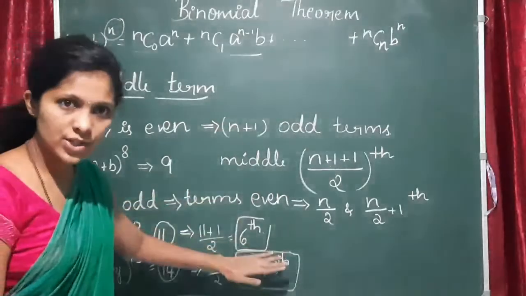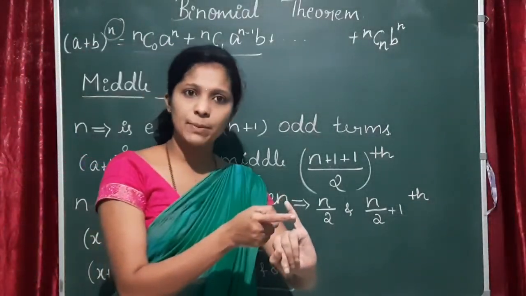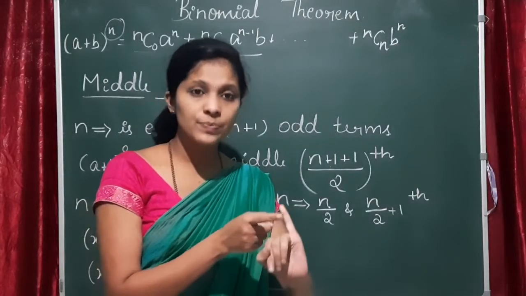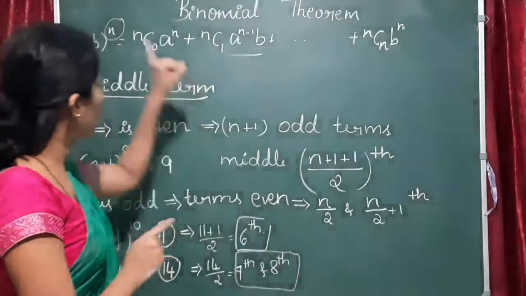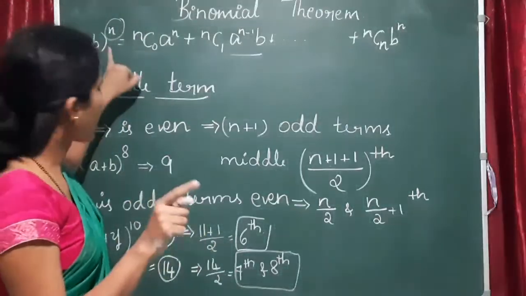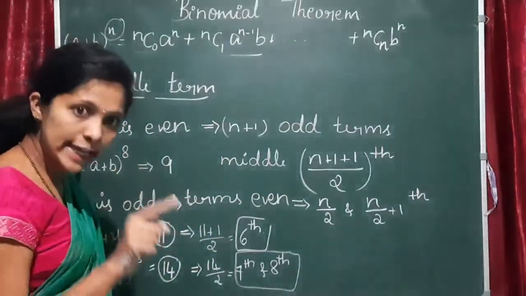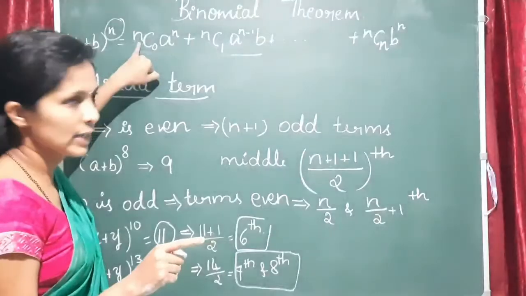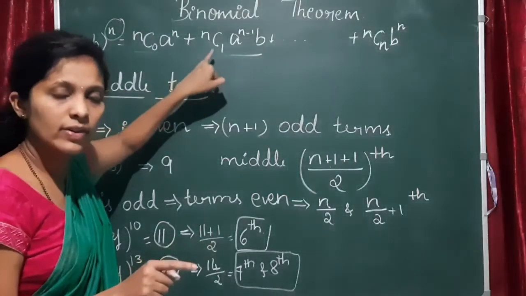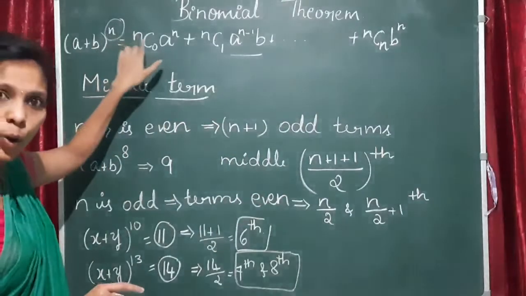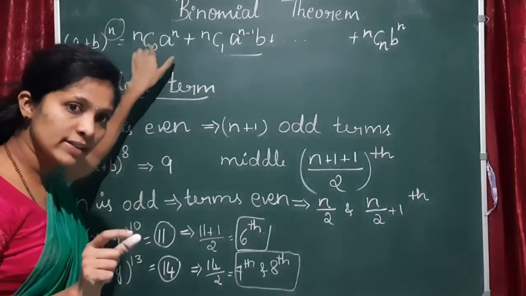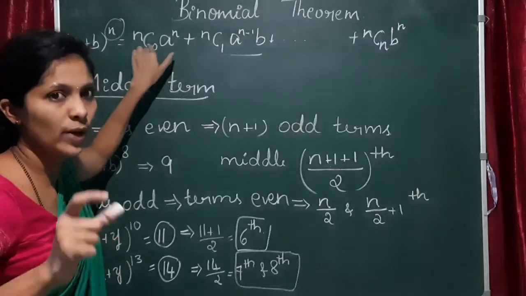So in this session, the main thing you have studied is the binomial expansion. (a plus b) whole to the power n, and here the power of a will be decreasing and the power of b will be increasing. Remember that, and the values will be nC0, nC1, nC2, nC3, like this it will go. And (a minus b) whole to the power n: whenever you get a negative sign, the signs alternate between positive and negative.